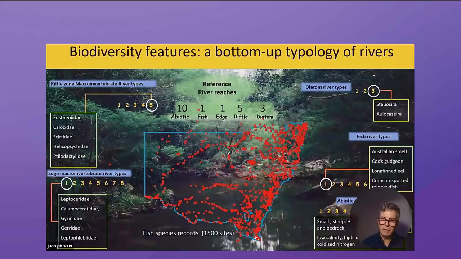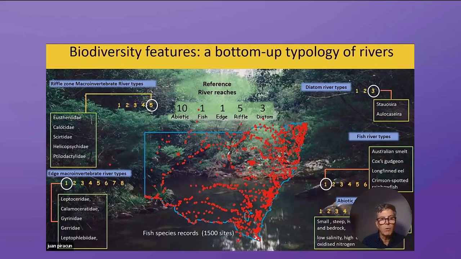So that allowed us to map condition across an area, but we needed to also incorporate irreplaceability of individual catchments, and we used the bottom-up river typology. This typology was developed based on data collected from individual river sites.